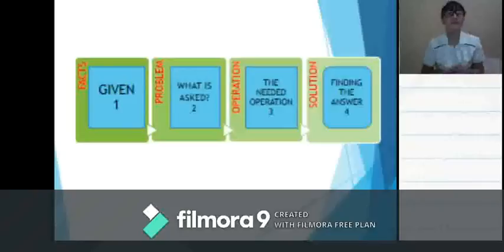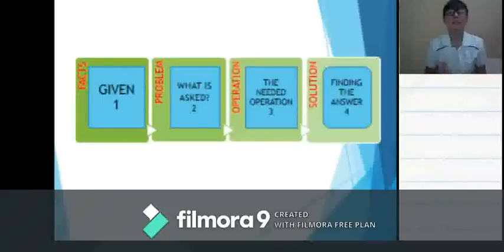Second, what is asked in the problem. And operation: what kind of operation, or what fundamental operation, do you think we are going to use in order to solve the problem? And the last is solution. It is about finding the answer. So you have to listen carefully about this process.